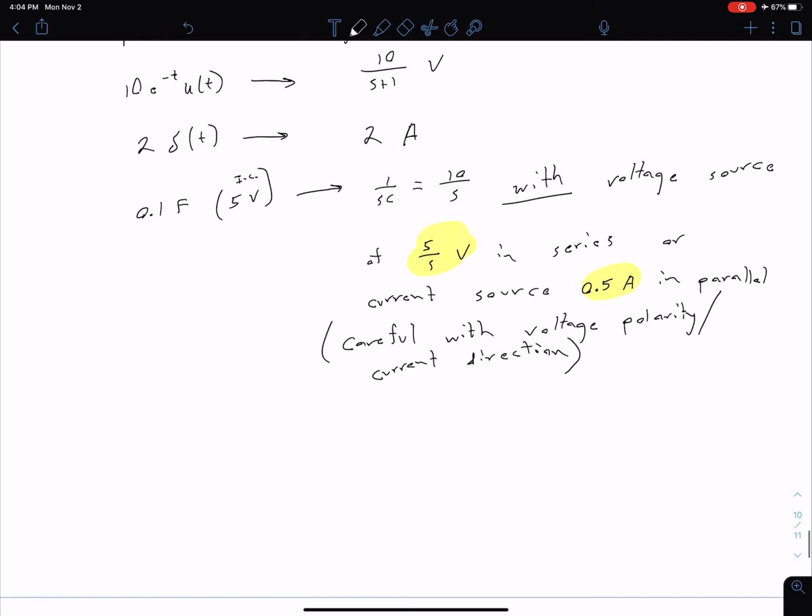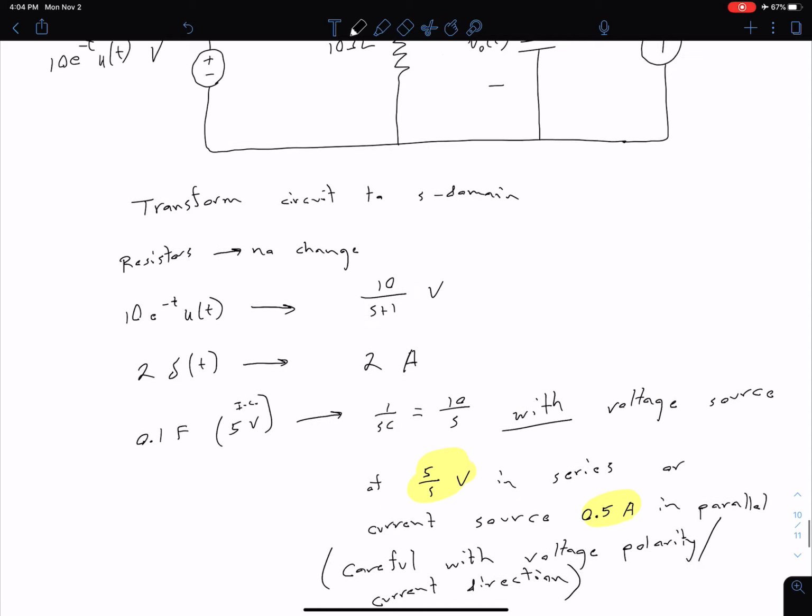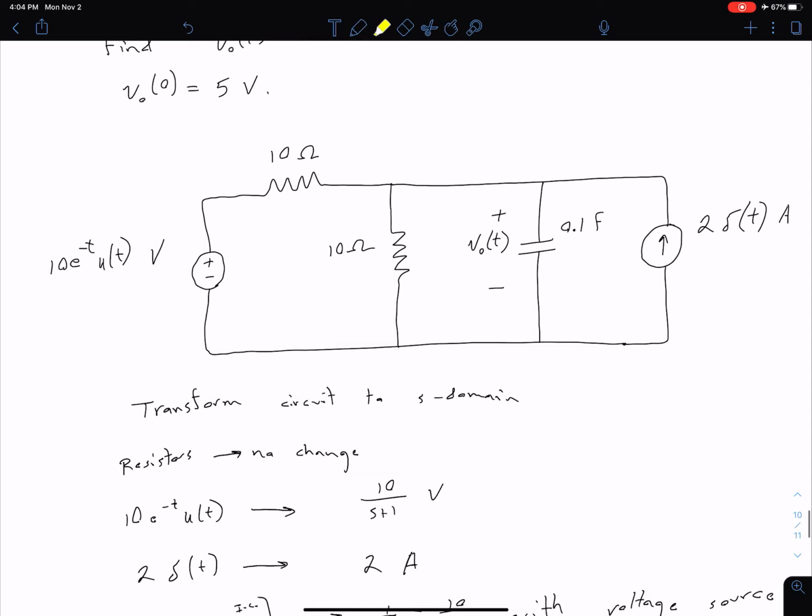So, of course, the obvious question then is which one of these two do we want to do? Do we want to do the voltage source in series or the current source in parallel? The answer is that it doesn't really make a huge difference, particularly for this circuit. What we're talking about is replacing this capacitor with a capacitor and a voltage source in series.